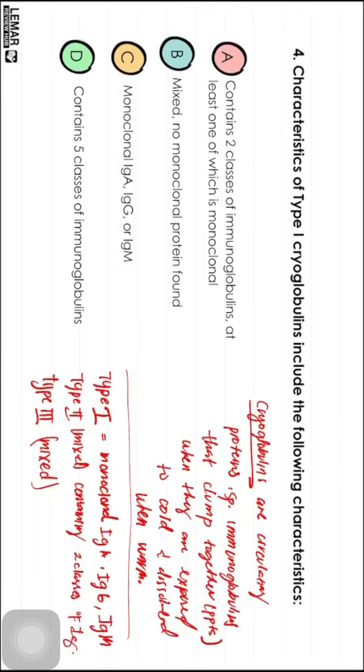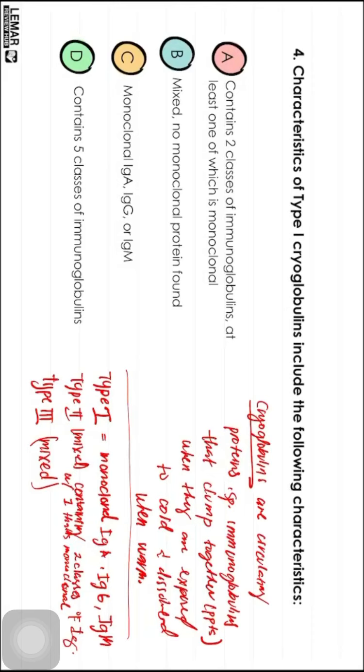And no monoclonal protein is demonstrated, as opposed to type 2 which is monoclonal, while type 3 is also mixed, containing immunoglobulins which are considered as monoclonal or no monoclonal protein is demonstrated. So again, type 1 cryoprecipitate is monoclonal such as your IgG, IgA, or IgM.